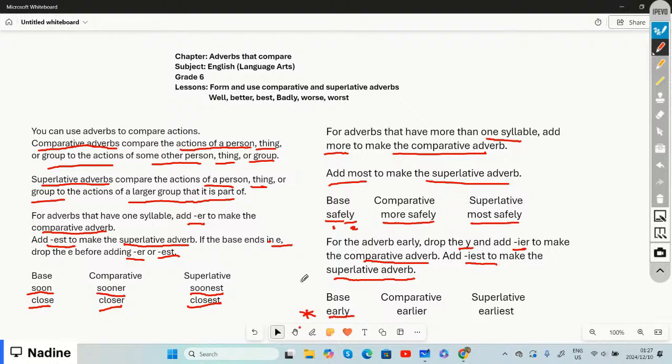We dropped the Y and added the IER. And if we were to show the superlative adverb, also by dropping the Y and adding IEST, we say it's earliest.